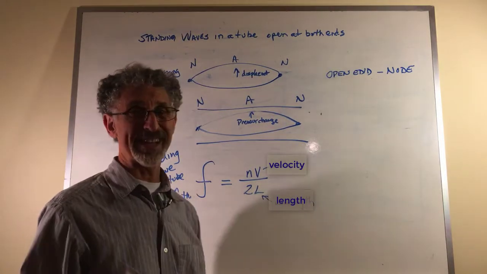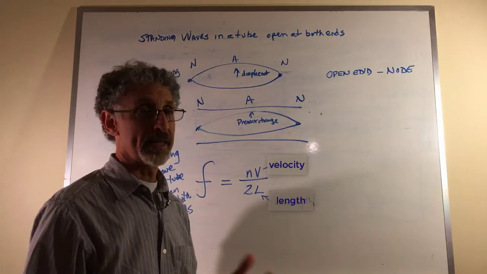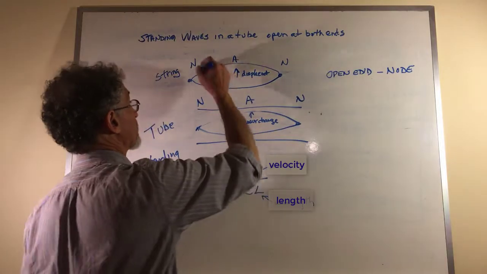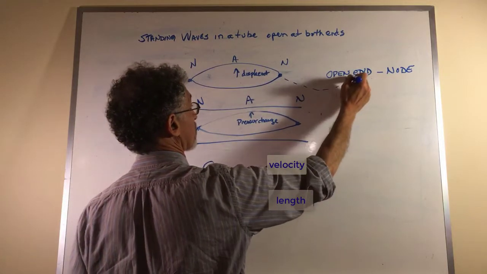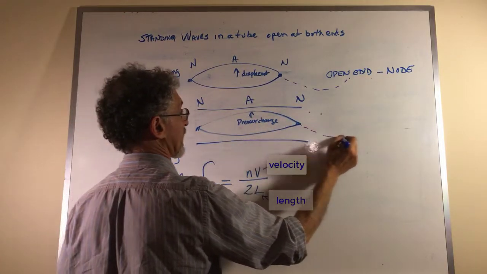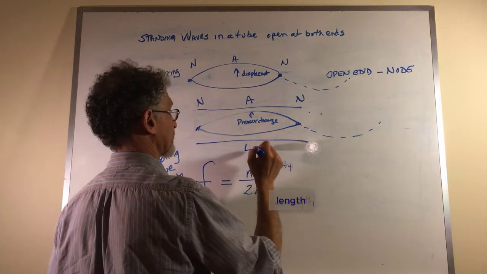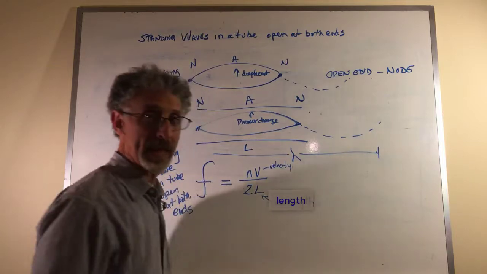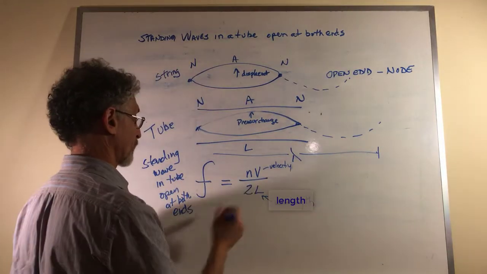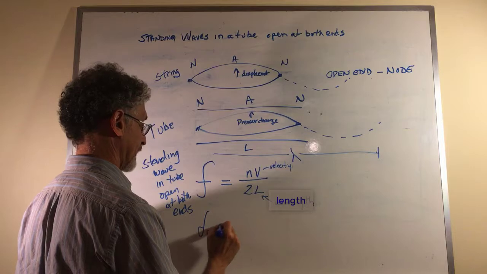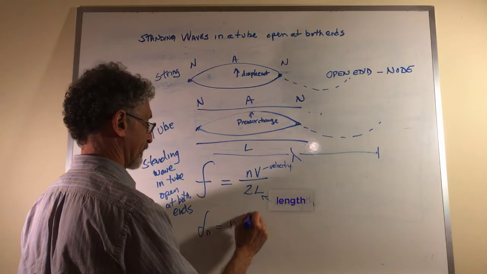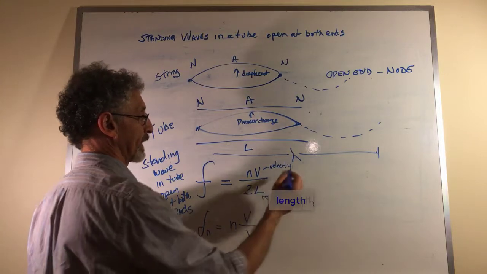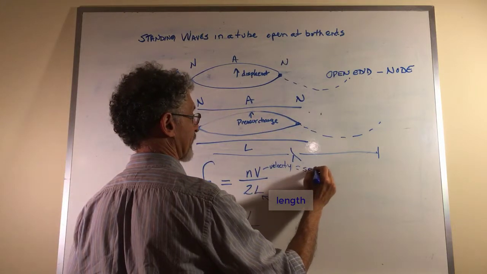The 1 over 2L is for the same reason that 2L is our wavelength for a string. This represents half of a waveform. This represents half of a waveform. So this is L, and this whole thing here is lambda. And this all comes from f_n equals n times v over lambda. Lambda is 2L. V is the speed of sound in air.